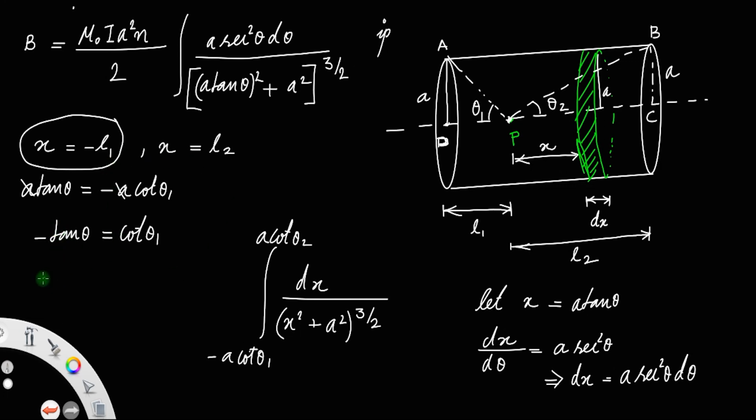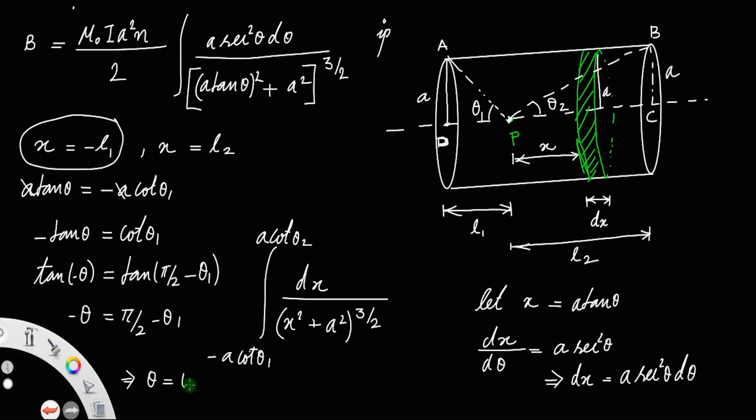Tan of minus theta is equal to minus tan theta, since tan is an odd function. Cot theta 1 can be written as tan of (pi by 2 minus theta 1). Comparing these two, you will get minus theta is equal to pi by 2 minus theta 1, which implies theta is equal to theta 1 minus pi by 2.